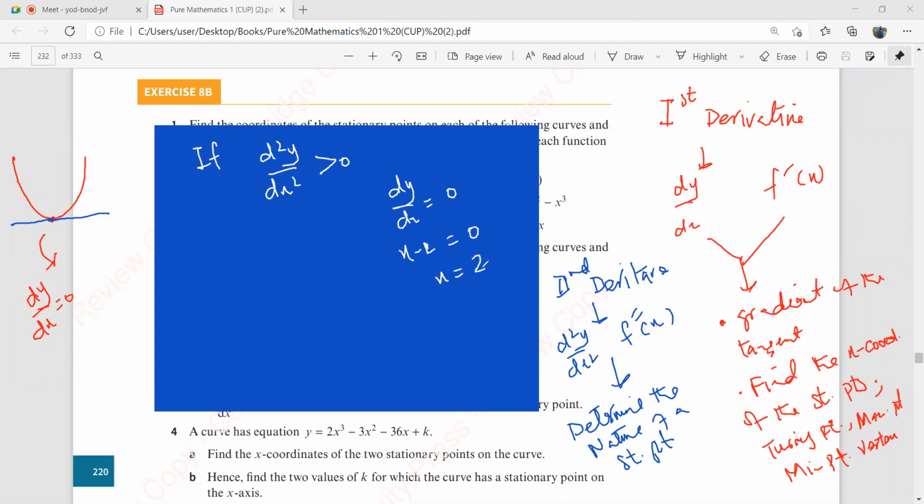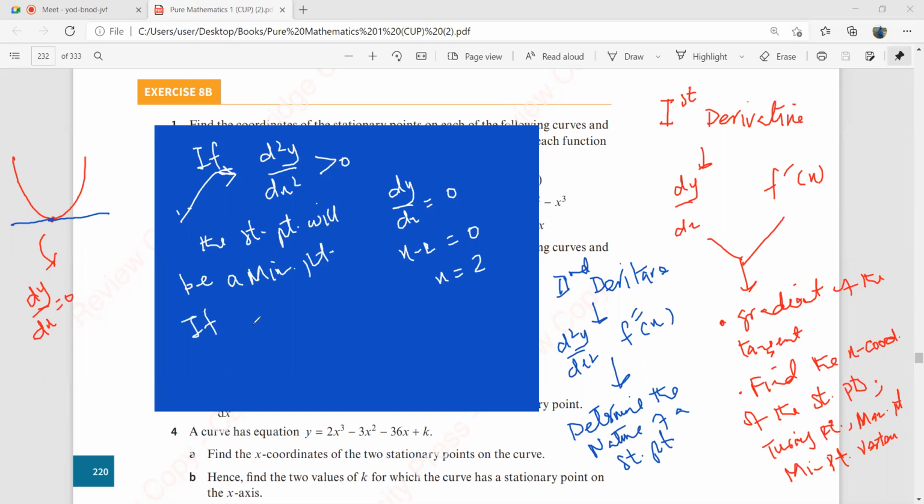This gave you x equal to 2, okay? And then you substituted that x into the second derivative, and if this happened to be positive, the stationary point will be a minimum point. If it is positive, it will be minimum.